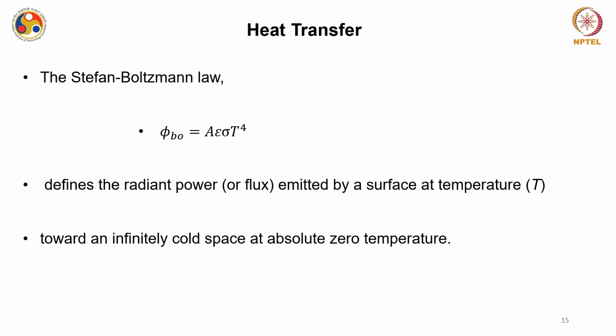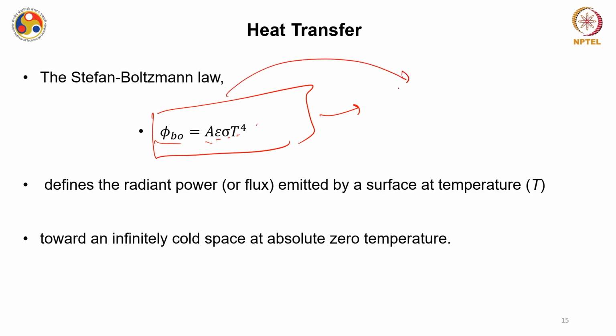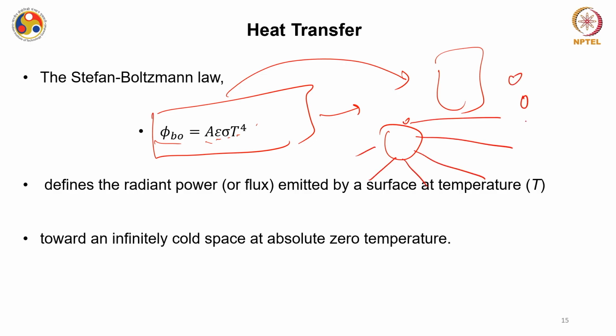We have seen that the radiant power is equal to A epsilon sigma T to the power 4, and this is the radiant power emitted by a surface which is at temperature T. But this is being emitted towards a certain object. I mean, any radiant power or thermal radiation emitted from an object will radiate towards some cooler object in its vicinity.